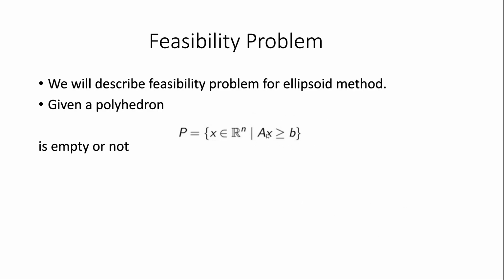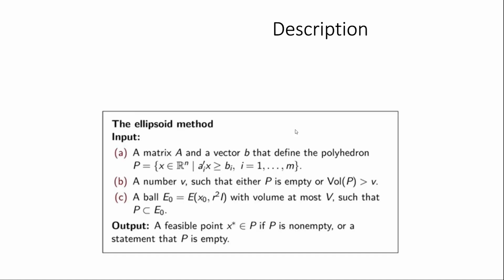So these are the constraints Ax greater than or equal to b. We have to prove whether any feasible point resides inside these constraints. For solving it, we create the polyhedron P that represents all the constraints that are given to us, using the ellipsoid method.